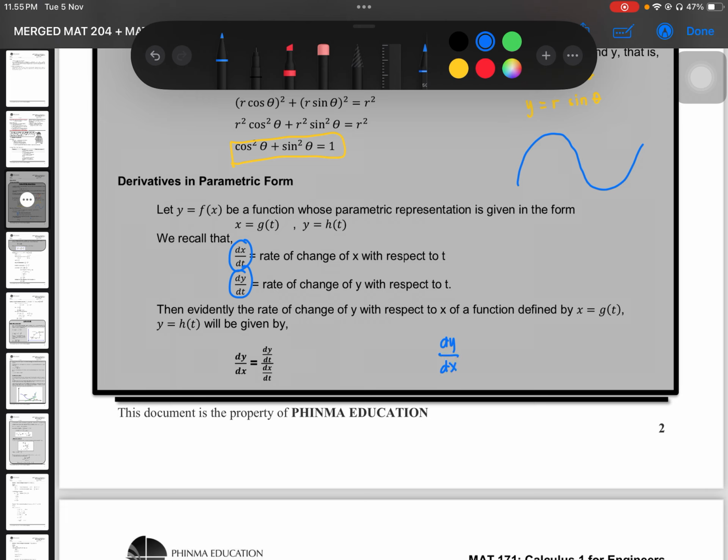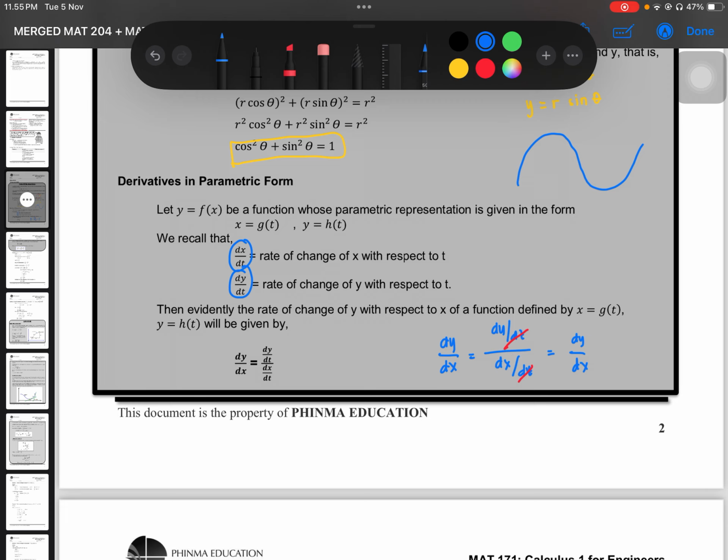So, paano natin siya makukuha? E de, divide natin si dy over dt kay dx over dt. Kasi, kapag nangyari yan, meron kang denominator pareho na dt. So, cancel, cancel, maiiwan na lang sino? Si dy over dx. Okay?